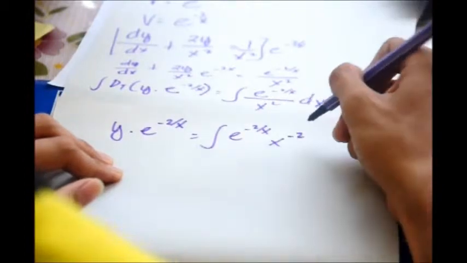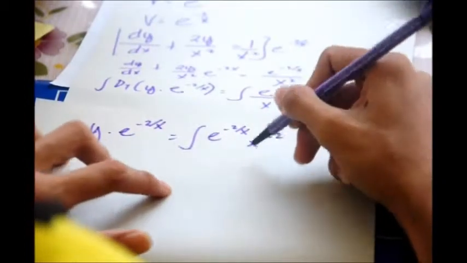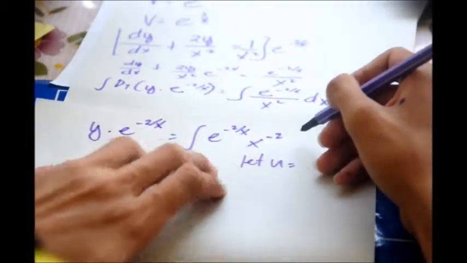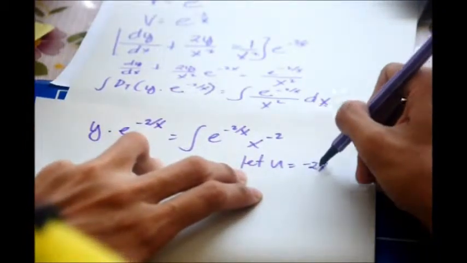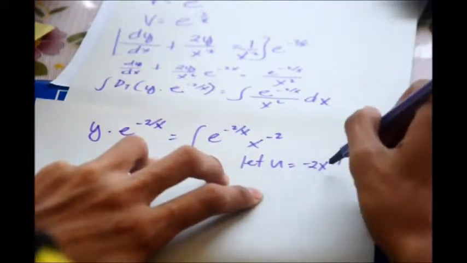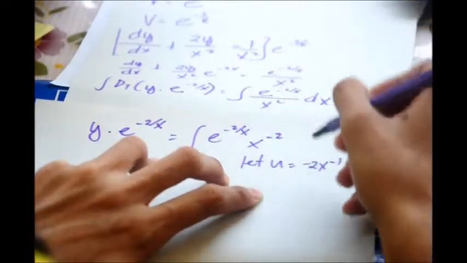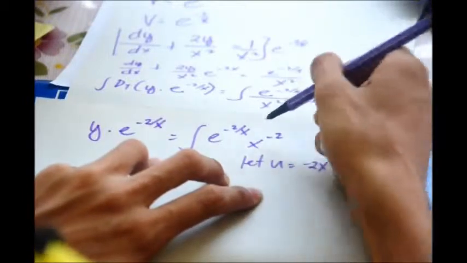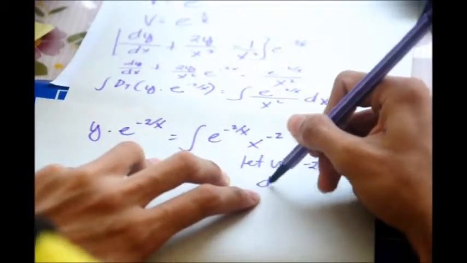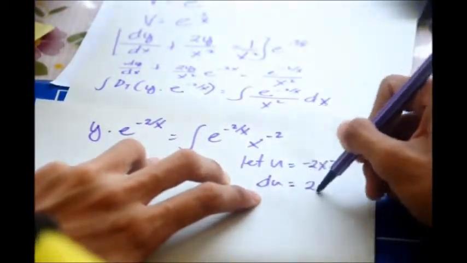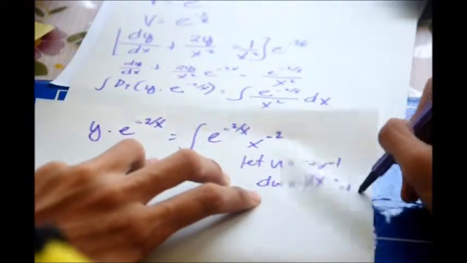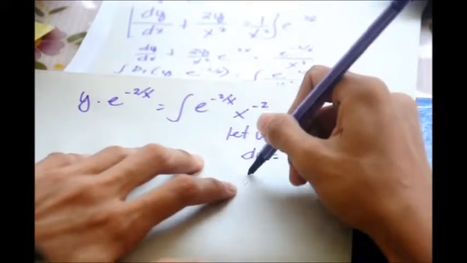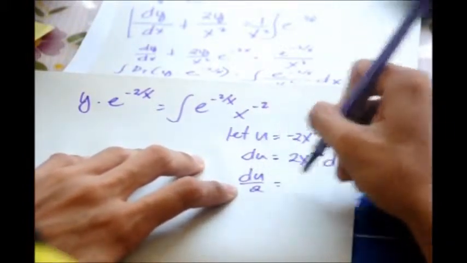is to negative 2, by letting u equal negative 2x to the negative 1, which is from this one. By letting u equal this negative 2 over x, we can get du equals 2x to the negative 2 dx. So du over 2.